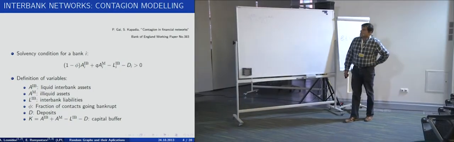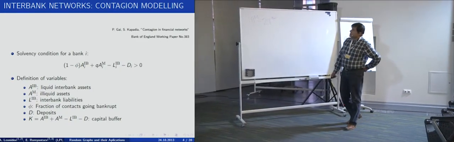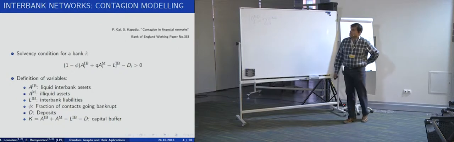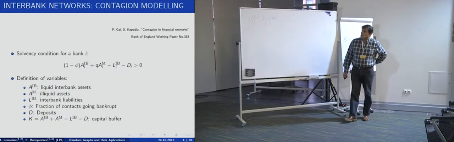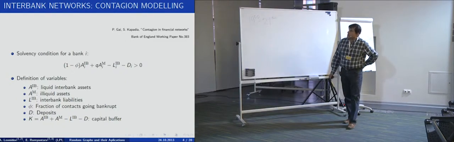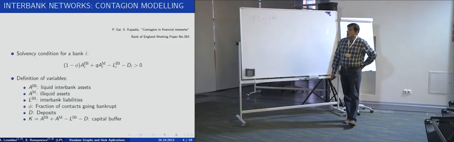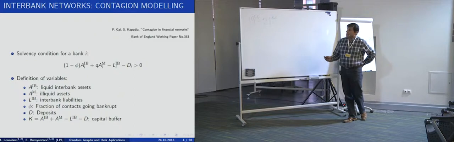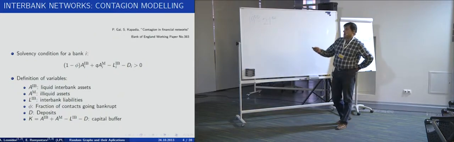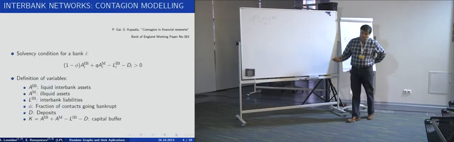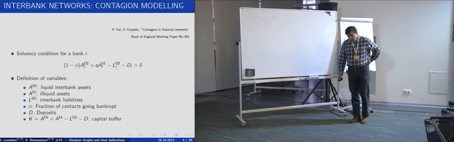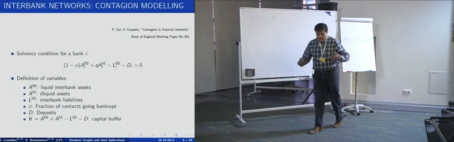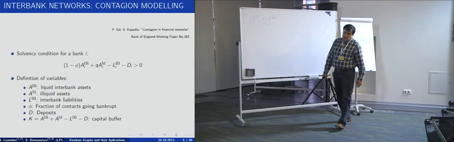And there is of course a condition that you can write with respect to solvency of a given node. The only important thing here is, everything is obvious in the sense that you have liquid assets, so it's not really relevant.